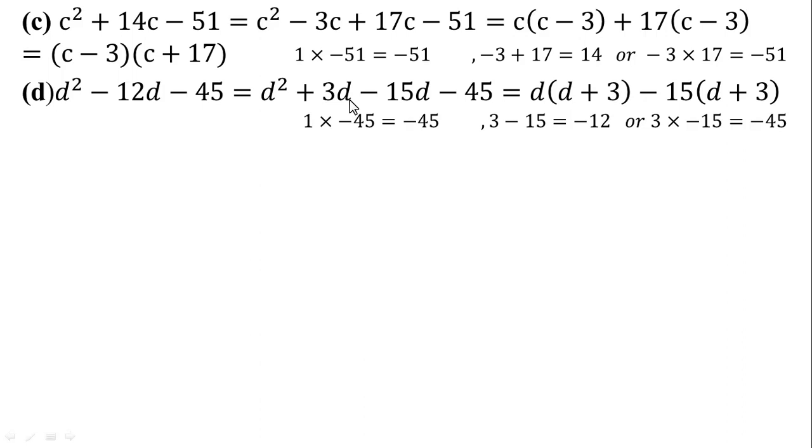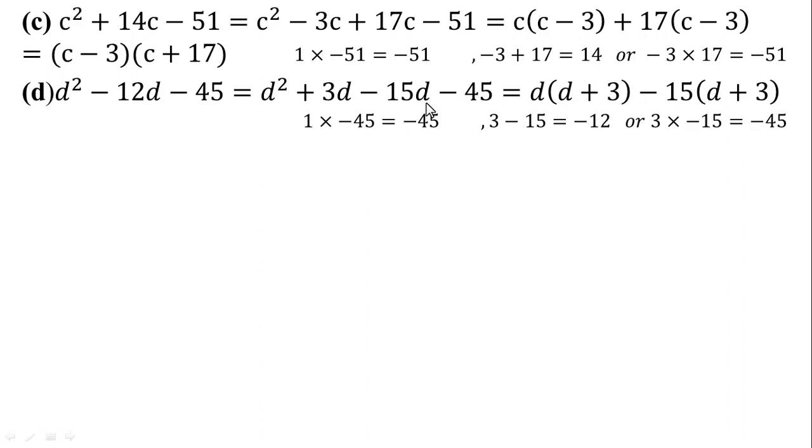So we can do the mid-term breaking of 12 into two parts, 3d minus 15d. 15 threes are 45, and 3 minus 15 answer is again minus 12. So we have d square plus 3d minus 15d minus 45. Taking d common in the first two terms, the remaining term is d plus 3.